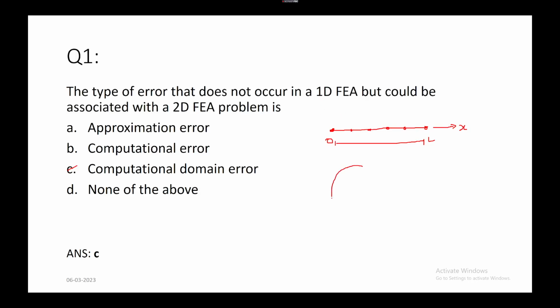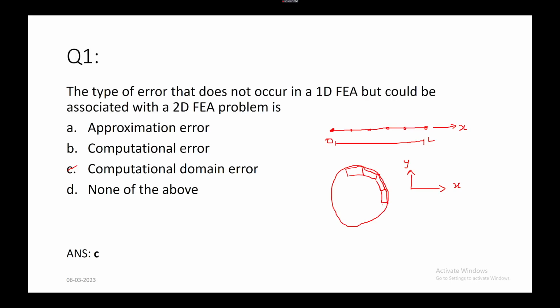But let us say we have a domain like this in two dimensions. Let us say this is x and this is y. Now I try to discretize the domain using rectangular elements, or I can use triangular elements also.